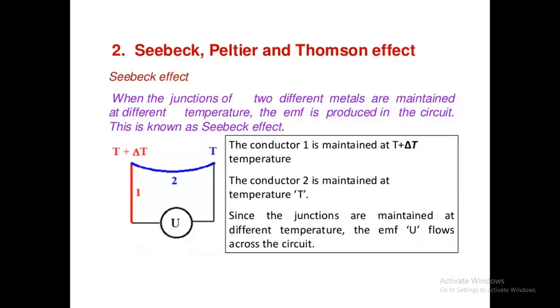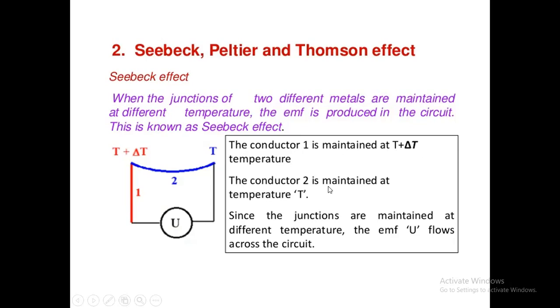Now, the Seebeck, Peltier, and Thomson effects. First is the Seebeck effect: when a junction of two different metals is maintained at different temperatures, the EMF produced in the circuit is known as the Seebeck effect. Conductor 1, as you can see at the side, is maintained at T plus delta T temperature.